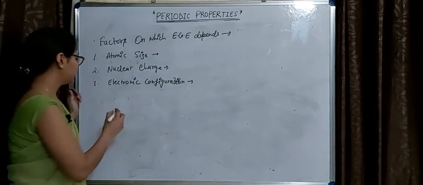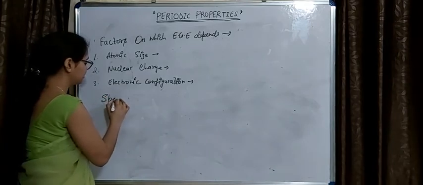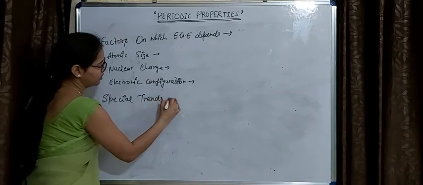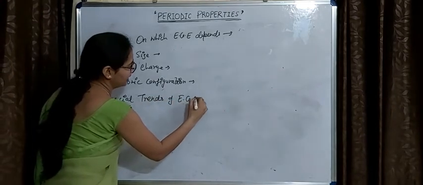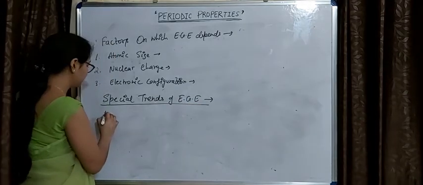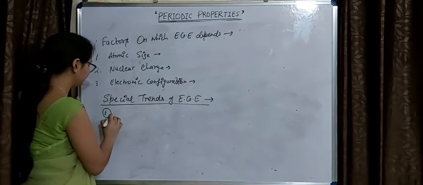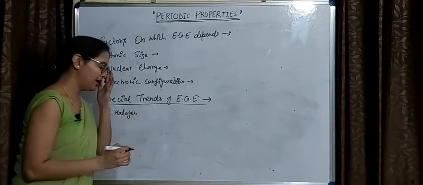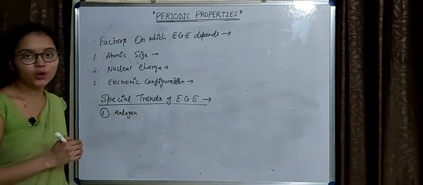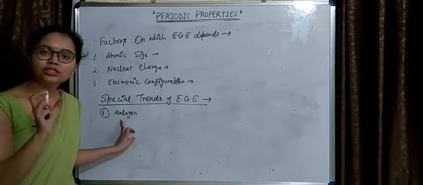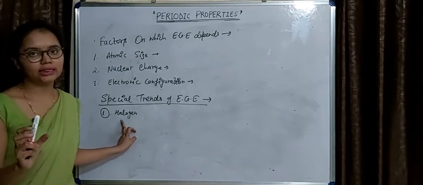Now we will talk about the special trends of electron gain enthalpy in the periodic table. First is about halogens. Out of all the elements in the periodic table, halogens have the most negative value of electron gain enthalpy.